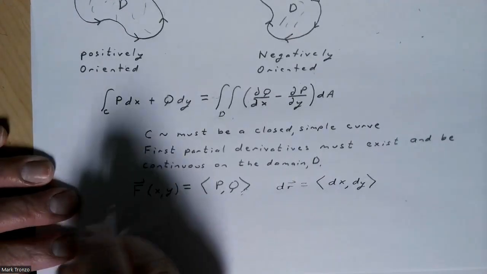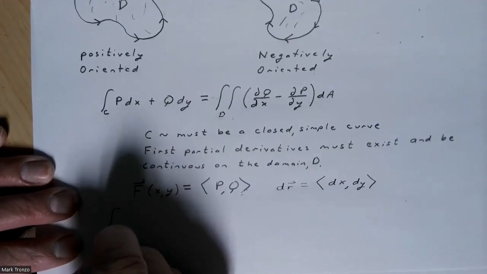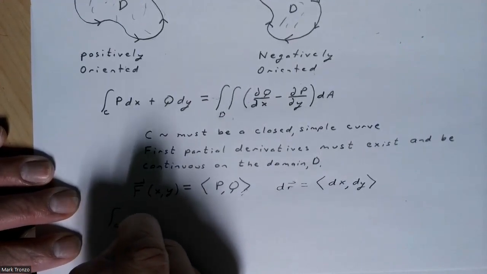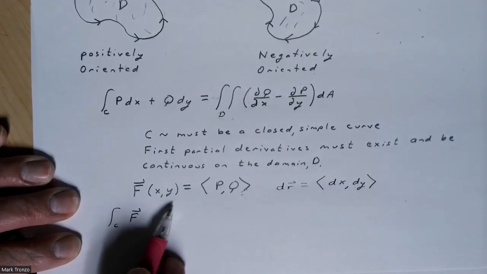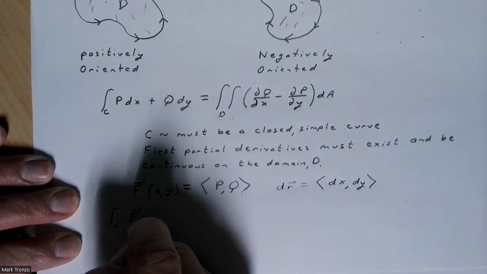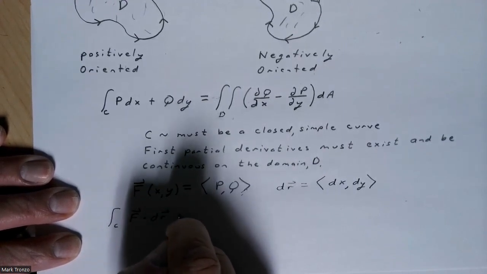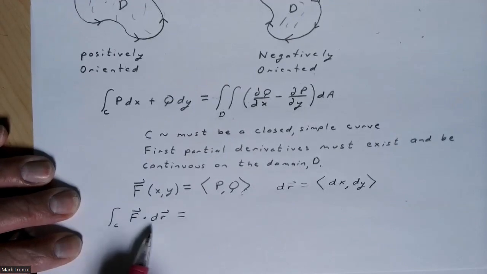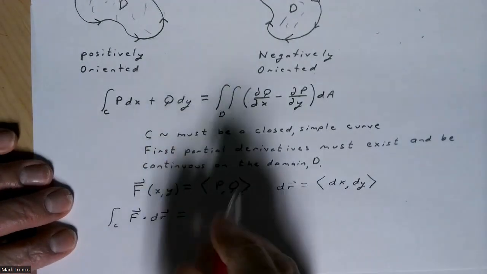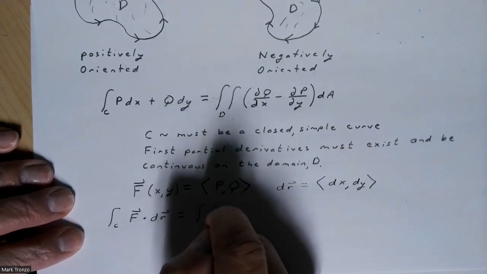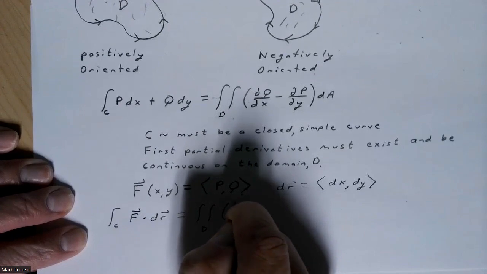So for example, you could write Green's theorem this way: F, and sometimes you leave out the x, y, because that's just notation. Sometimes you put it in, it's up to you. Dot dr. This then is the same as what we have up here. And so that would be another way we could express Green's theorem.